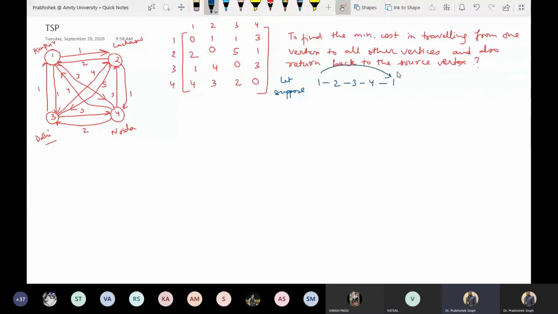Because we have to return back to our source place. Let's say the total cost of this path is 10. There is another path 1 to 2, 2 to 4, 4 to 3, 3 to 1, and the cost of this whole path is 8. There is another path 1 to 3, 3 to 4, 4 to 2, 2 to 1.